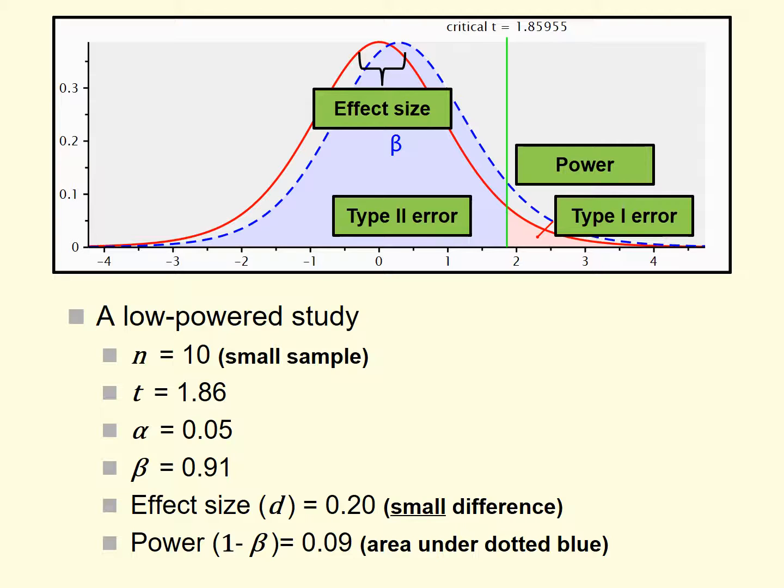And those regions are useful to think about because they're important for us. One of those regions, the region to the right of the green line in the null distribution, is the cumulative probability under a one-tailed test for type 1 error, that is, for rejecting the null hypothesis when you really shouldn't.